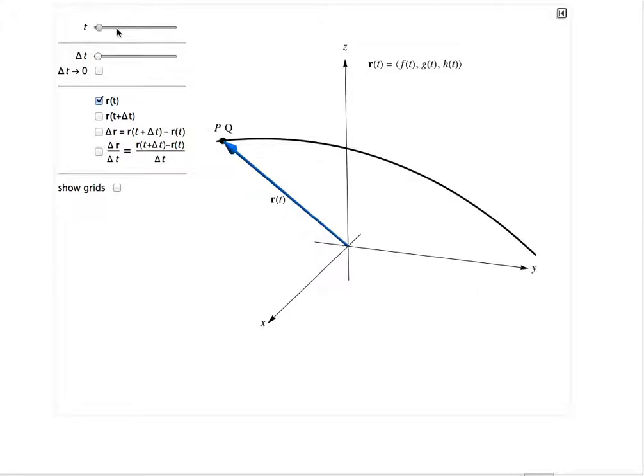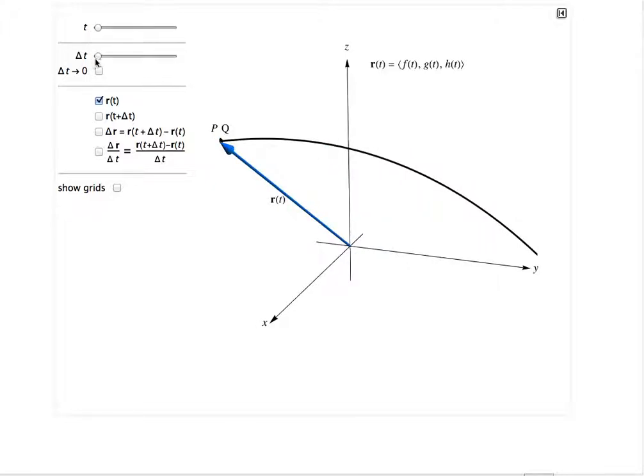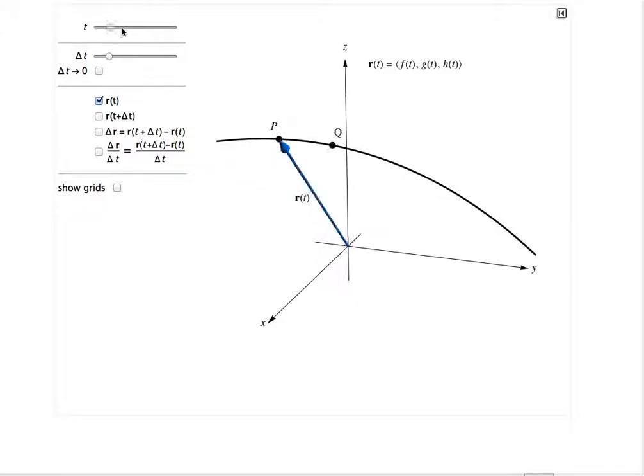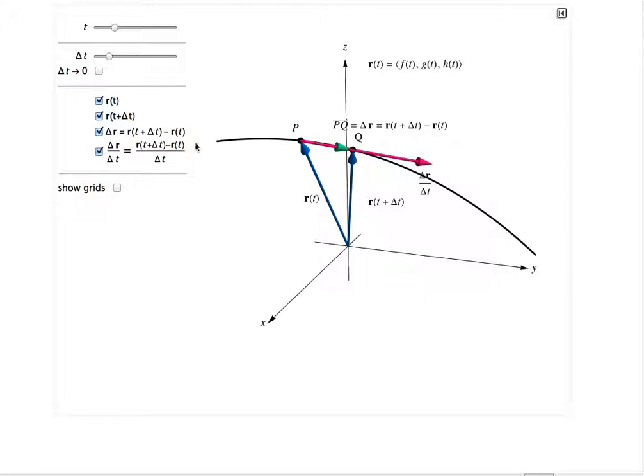This is just a vector tracing out space, and if I move by a little bit of delta t, that point goes a little further. Here's the vector, let me move it back a little bit, and there's the difference vector and the rate of change.